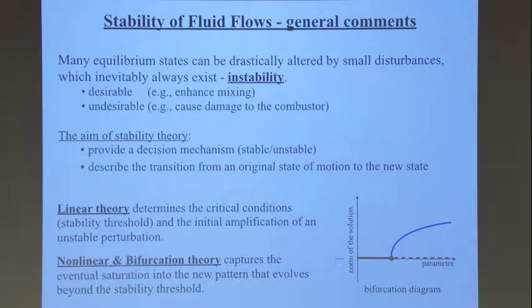Suppose that the equilibrium is the red curve. It's stable on this part and unstable when the parameter exceeds a certain value. At this point, it bifurcates into another form or a new solution. So it involves bifurcation theory and nonlinear theory, and it's more complex and involved. Of course, the bifurcation doesn't always have to be exactly of this form. There are different forms that it appears in, but that's just an illustration.